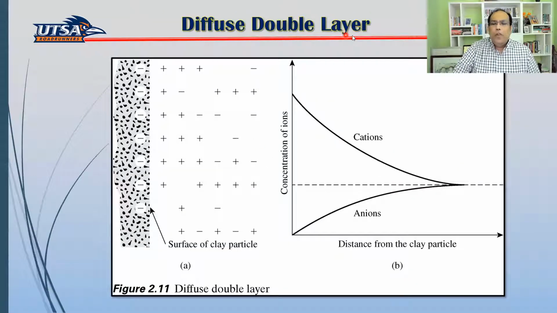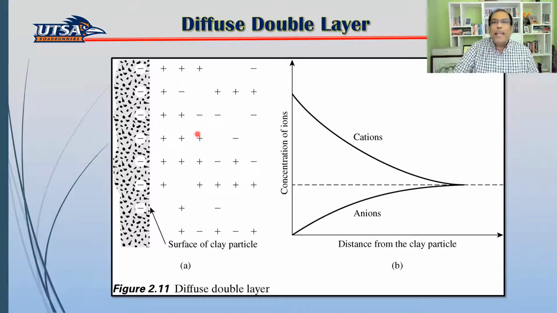So the diffuse double layer. What this is trying to say is, let's say this is a clay particle, and it has a negative surface charge here. Now, if you take that clay close to water, what will happen?